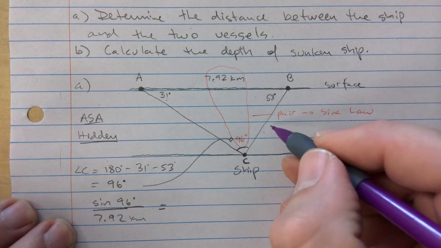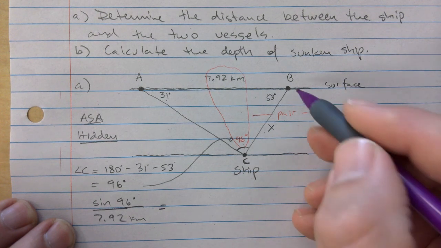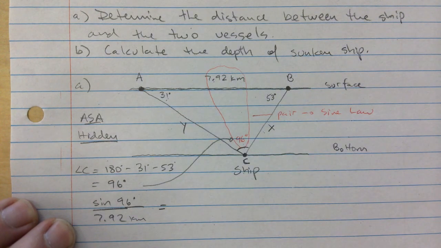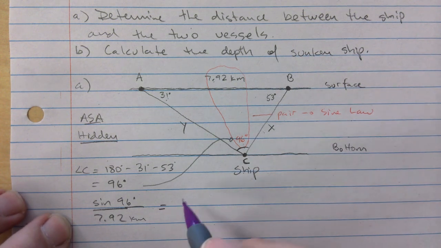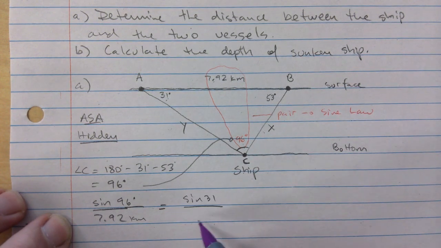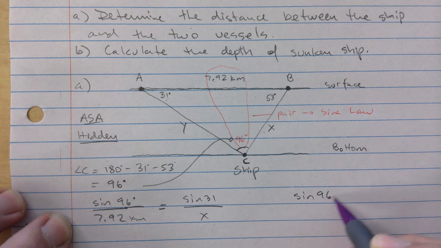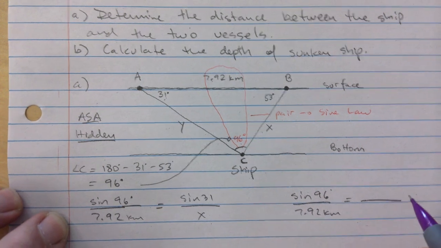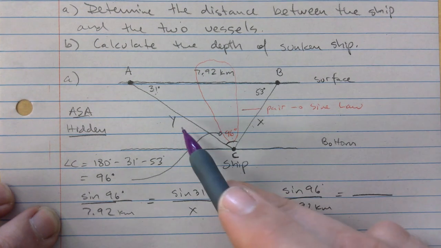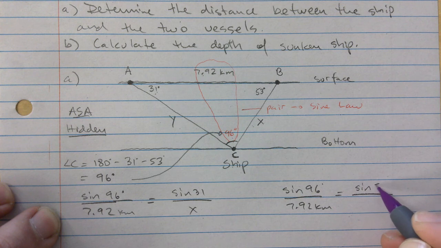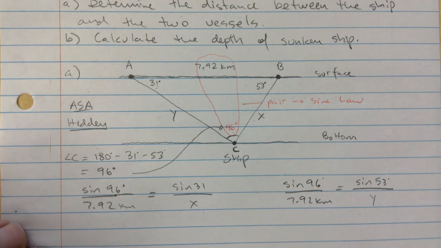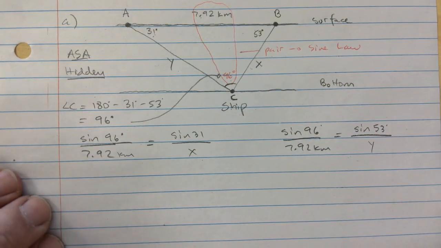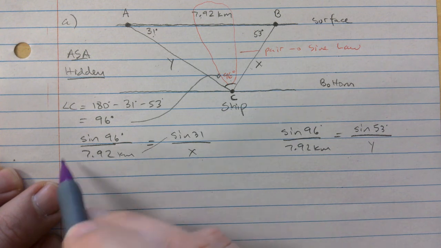So you can call this A, or you can call this X, and we can call this one Y. If you want to find X first, you use sine of 31 over X, and next to it I'll set up the other one using the pair that I already have. In this case I want Y, so sine of 53 over Y. Okay, so cross multiply and divide.